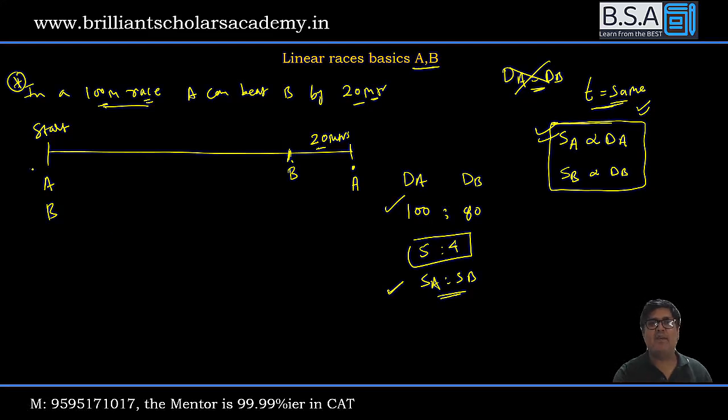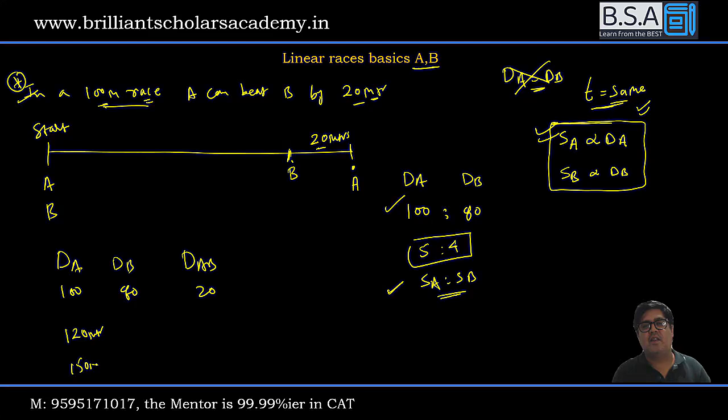If this information is given to you, listen to the language. A travels 100 meters, B travels 80 meters. The defeating distance between them is 20. So what if I make the race 120 meters? What if I change the race length to 150 meters?